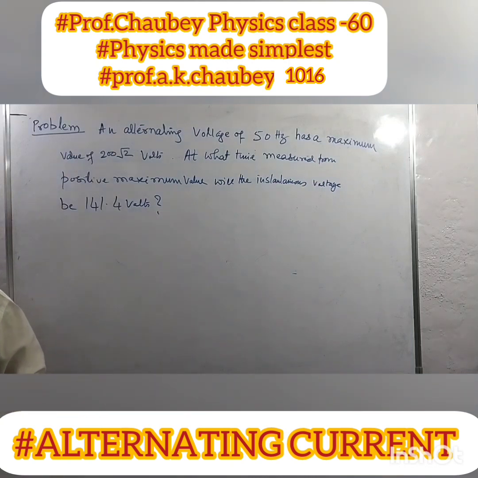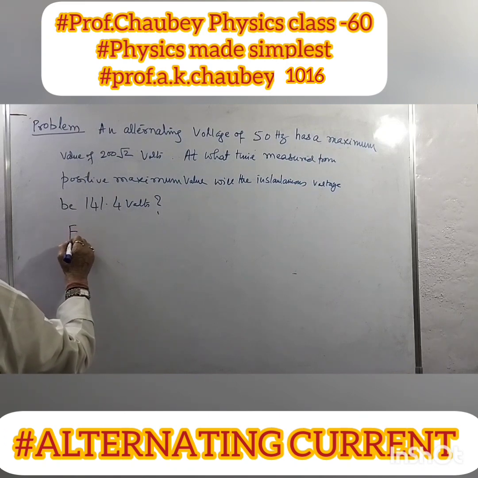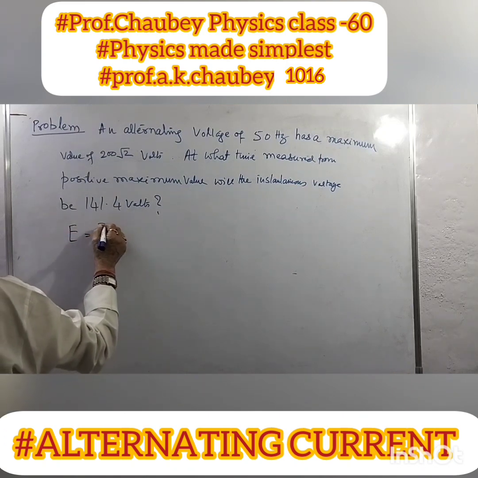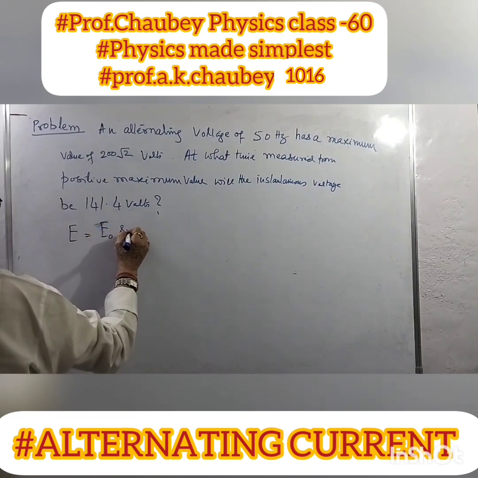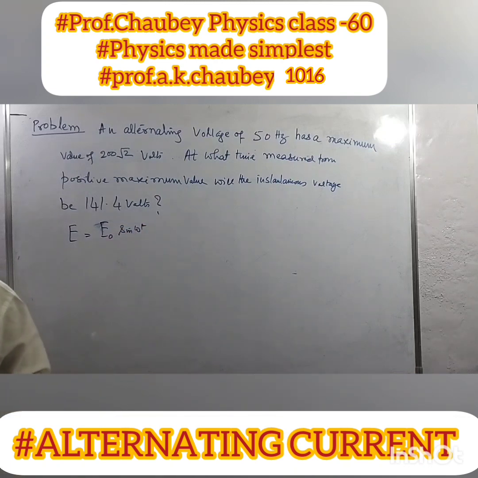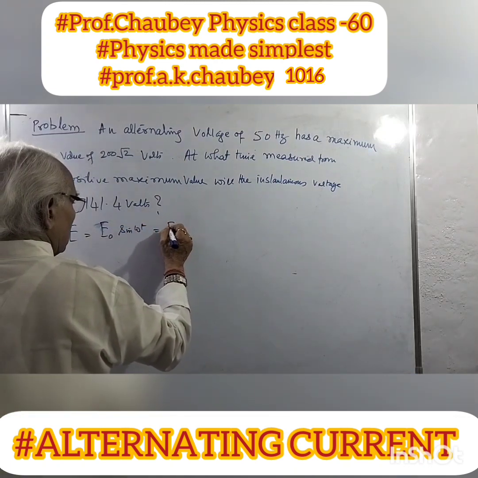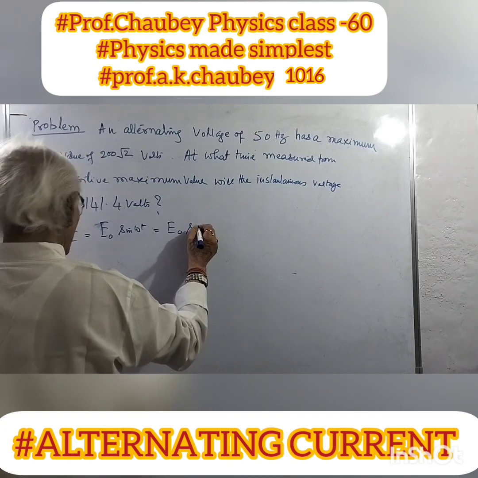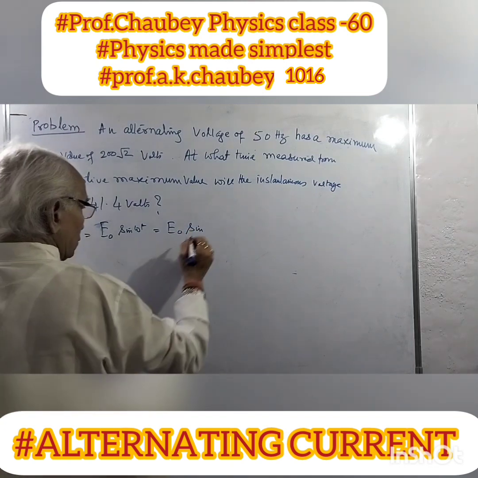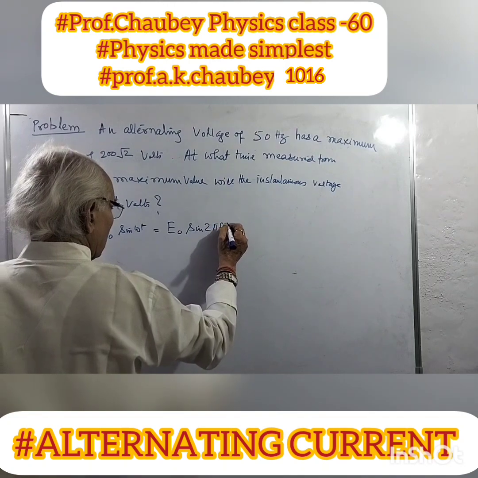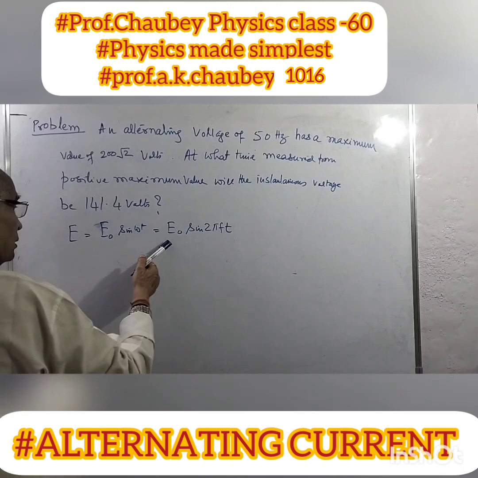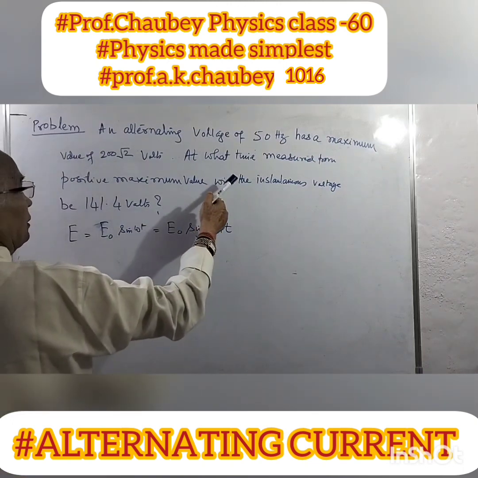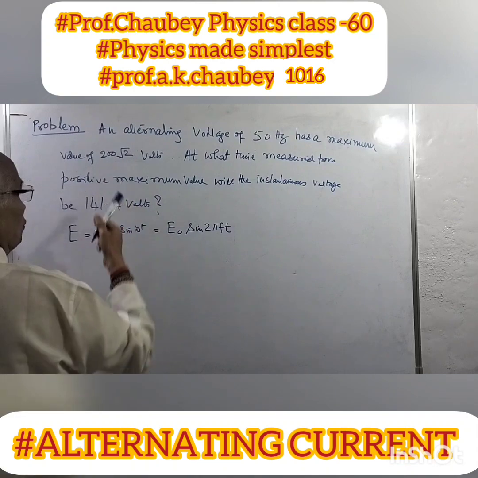This is the question. That is, E is equal to E naught sin omega t, is equal to E naught sin 2 pi f t, and the value of voltage they give is 200 under root 2 volts.